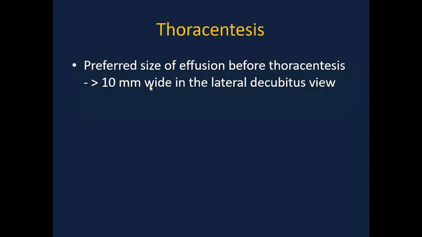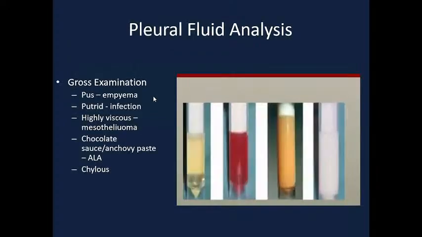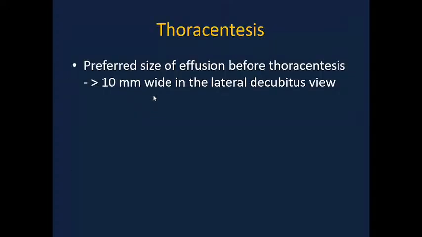As we said, you can do a thoracentesis if you have a 10 millimeter width of fluid on the lateral decubitus. As I've indicated, it is useful as much as possible to do that under image guidance to reduce risk of injury to internal organs.